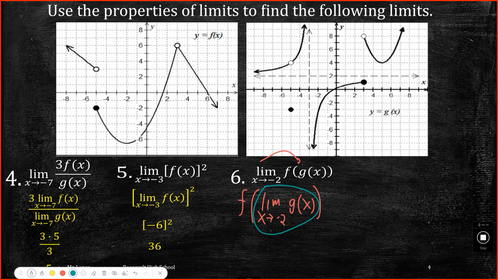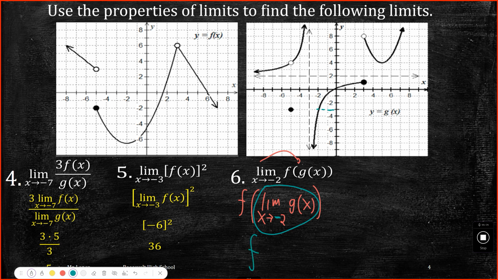What's the limit as x approaches negative 2 of g of x? Hold on, don't say anything. Evelyn, negative 3. So the limit as x approaches negative 2 of this g of x is negative 3.